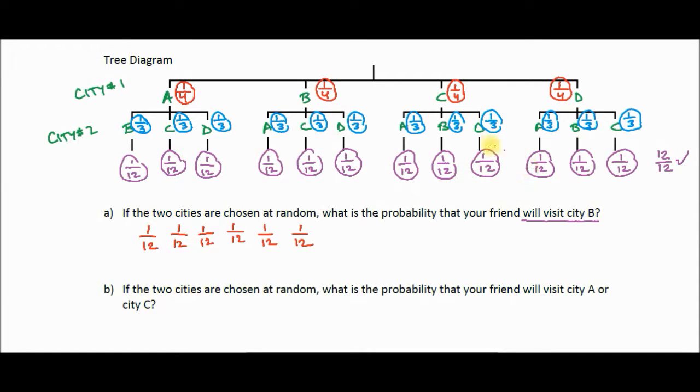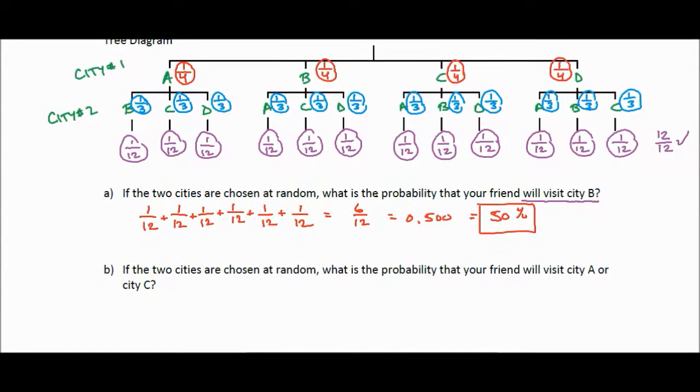Probability of visiting city B is 1/12 plus 1/12 plus 1/12 plus 1/12 plus 1/12, which is equal to 6 over 12, which is 0.500, and that's 50%. We've got a 50% chance if you picked two random cities, at least one of those cities would be city letter B.